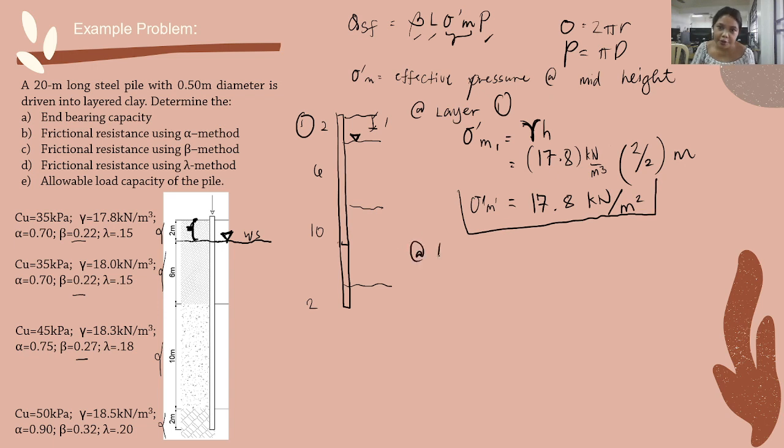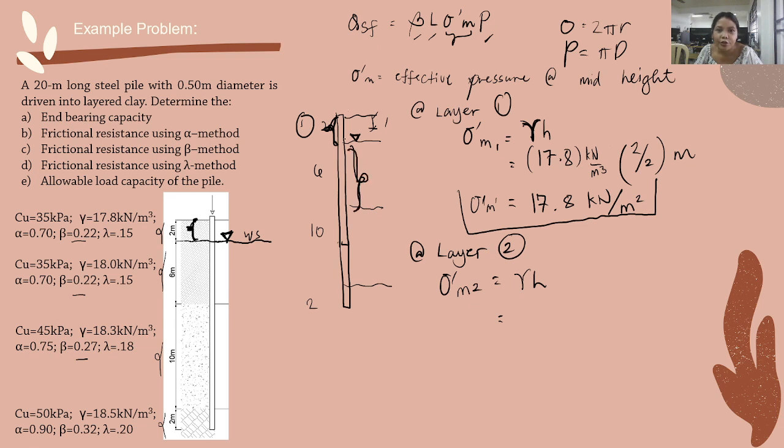May second layer pa tayo. Pagdating natin kay second layer, the effective mid-height stress is gamma H pa rin, but ano ang i-consider natin? Okay, we all know that this is the first layer. Nadadagdag siya sa pressure na nararamdaman nitong pangalawang layer.